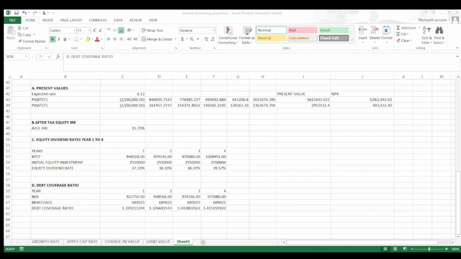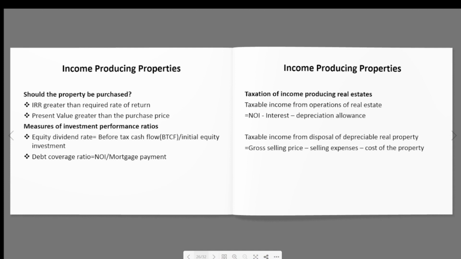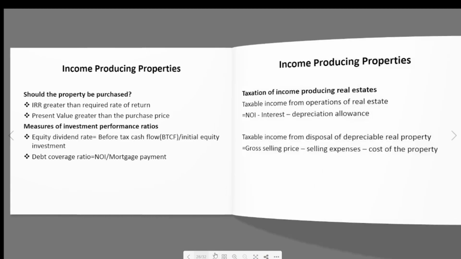Now with that being done, we've come to the end of that particular chapter on income producing properties. So feel free to refresh your memory by going through again the course material and attempting the quizzes here below.